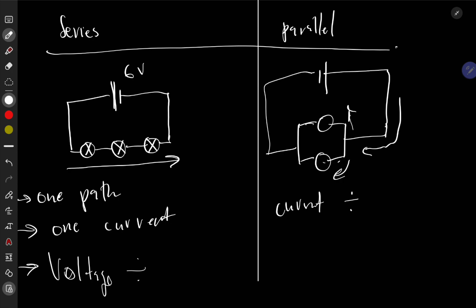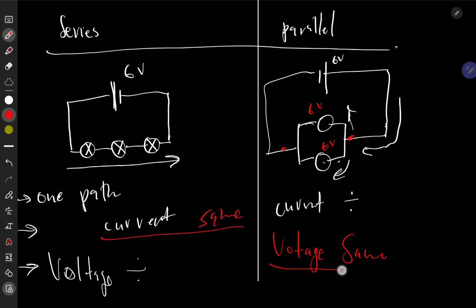Also, if this cell gives 6 volts, the potential difference between this and this will be 6. This means this will also be getting 6 volts, and this one will only be getting 6 volts. Here, voltage is the same.